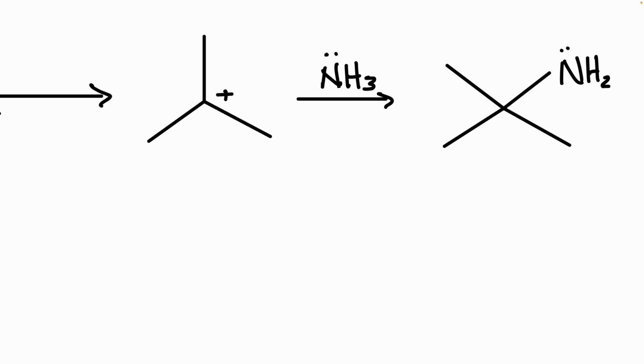Okay, so let's just note that our neutral nucleophiles lose a hydrogen in these substitution reactions. So I start out with NH3, but in order to form my neutral amine group in my product, I have to lose a hydrogen as well.